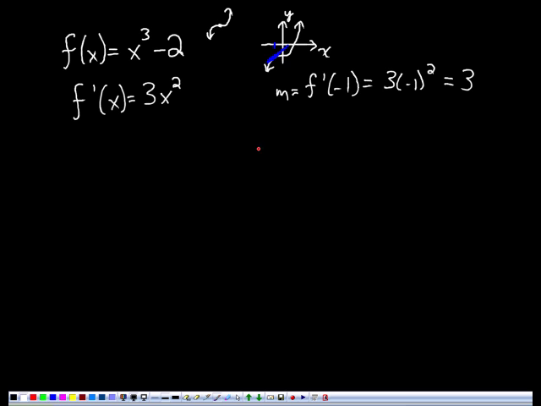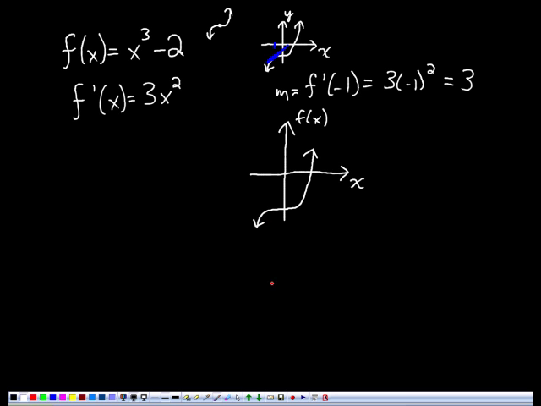Now what I'm going to do is look at the graph of the derivative. So I'm going to redraw the graph of my function and draw it a little bit bigger here. So here's f of x. We've got x, and then f of x, and it looks like a cubic that's been shifted down too.